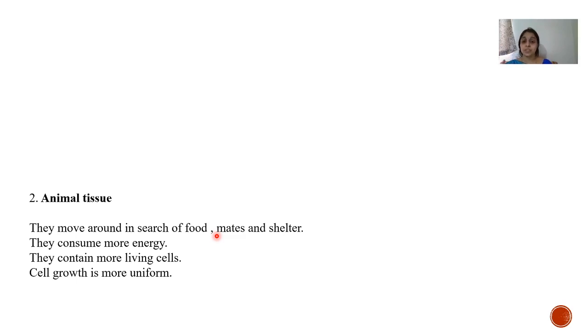So that sort of differentiation has not been seen. We do have repair, but the meristematic tissue which is there in the plant keeps on dividing throughout its life, whereas in animals we don't have those particular cells. So some cells will die, some cells will grow, but their uniformity is there.